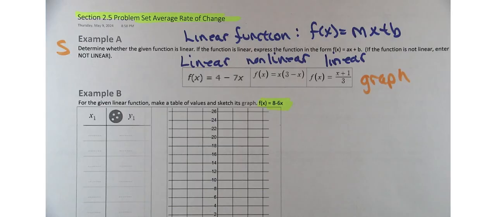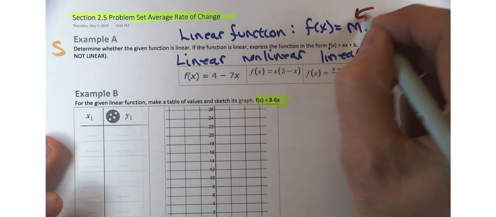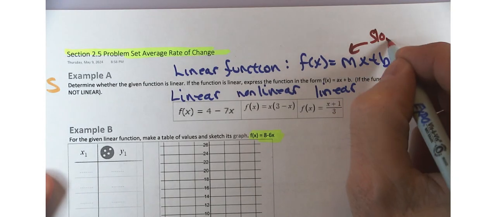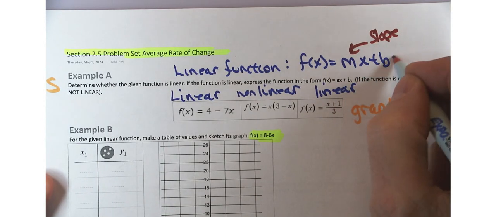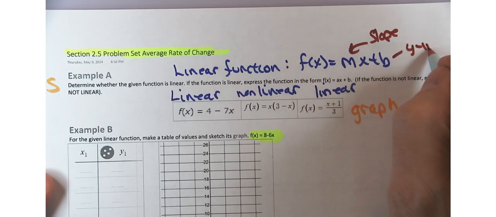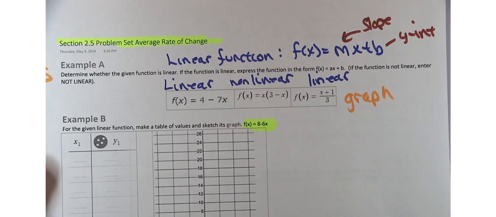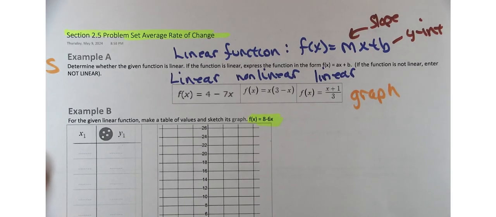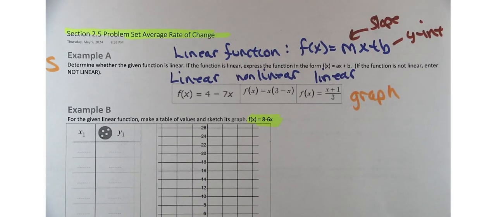Now you probably remember what some of these things are. So let's refresh ourselves. What's the m here? That's your slope. What's the b here? Y-intercept. And it's nice if you can put something in this form, it's going to be a linear function. But keep in mind that at its heart, a linear function is something that has that constant rate of increase.